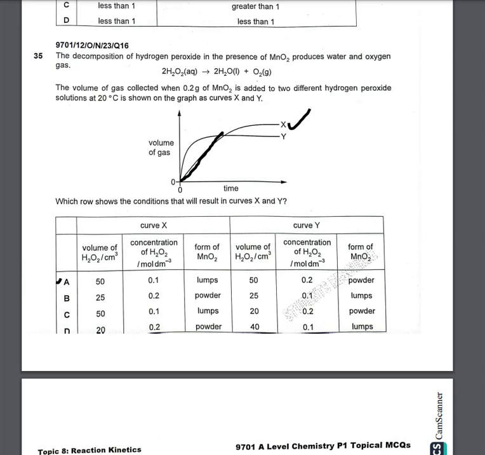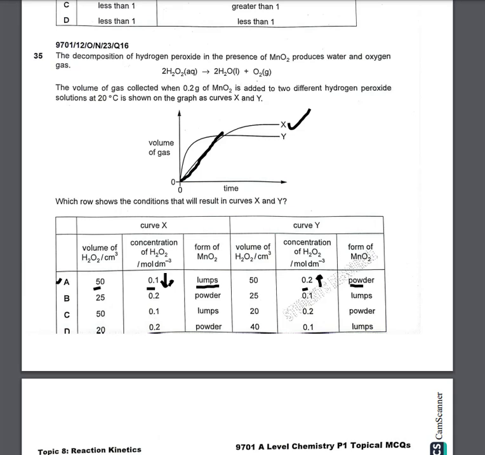If we check A, the volume of H2O2 is 50, 0.1, 50 and 0.2. So X is less concentrated, Y is more concentrated, and Y is in powdered form, whereas in A it is in lumps.